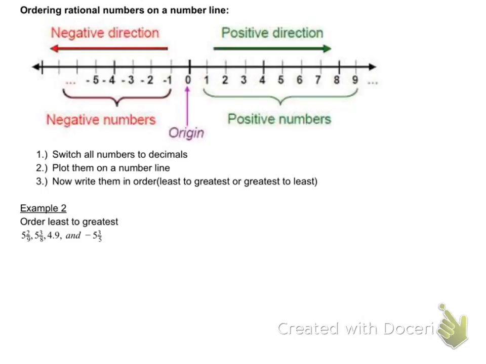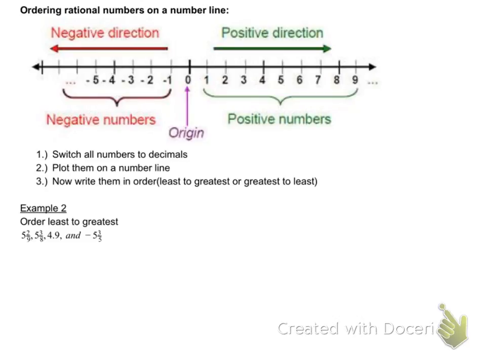Take a calculator out and switch them all to decimals. Take your number line, plot them on the number line, then go least to greatest. What was the sticking point on this one when we used our number line to order numbers last time?